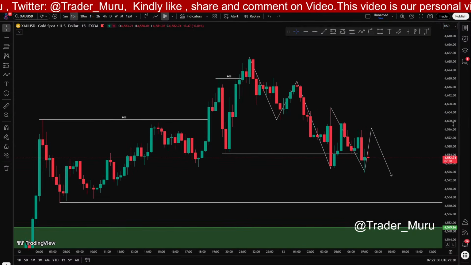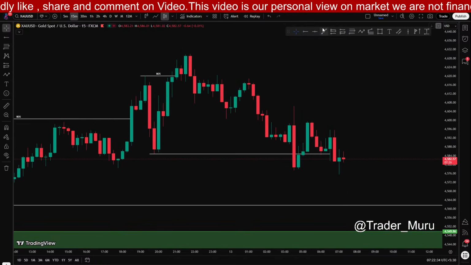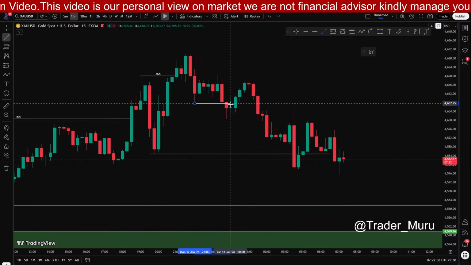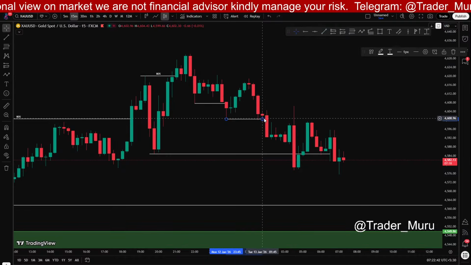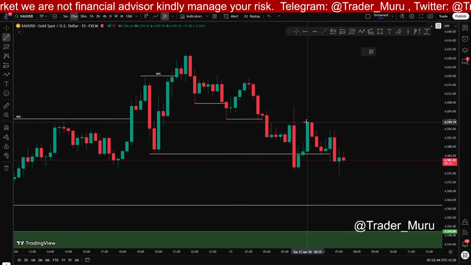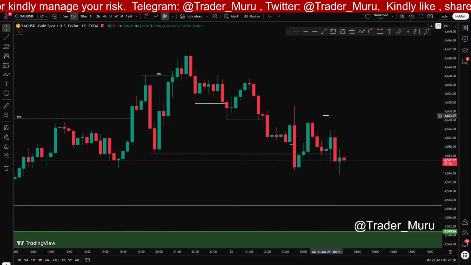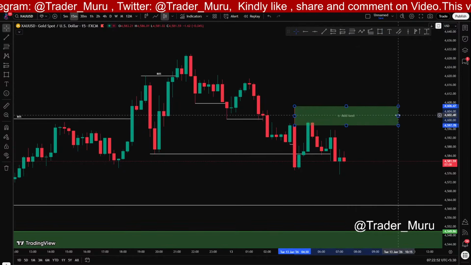and this is our current structure. This is your market structure shift, breakout structure, this is a retracement, and this is another breakout structure, and this is your structural resistance.